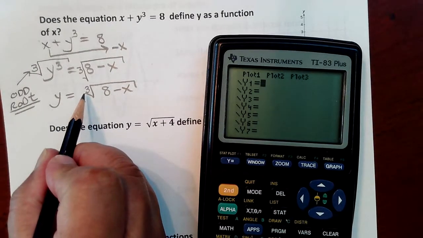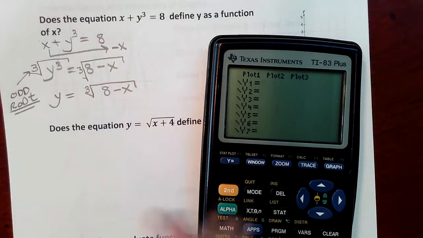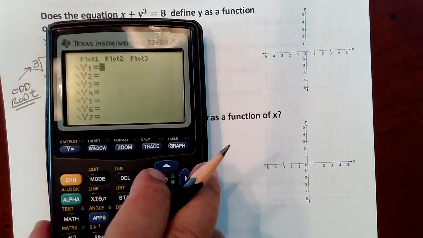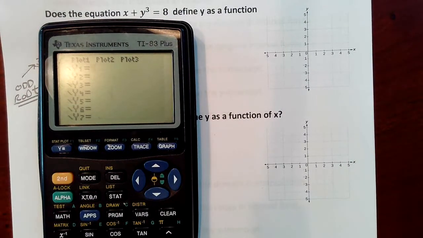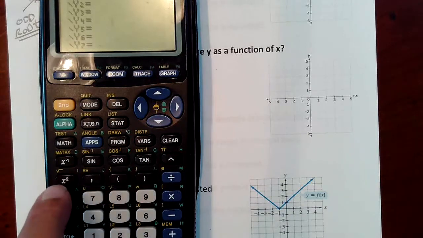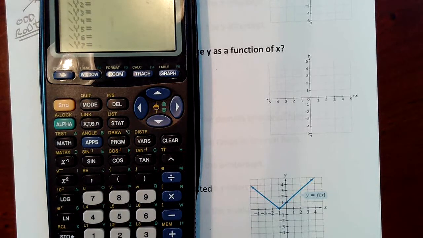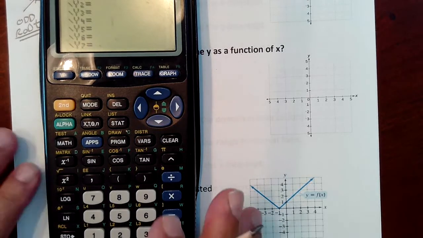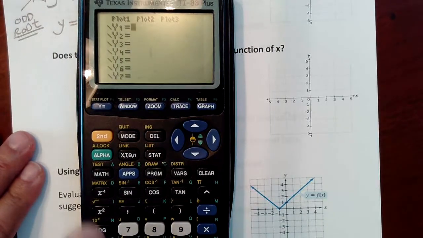That's called the index, that little number sitting on what looks like a check mark. But it does have pre-made roots up to cube root. It has square roots right on the key that's right here. In the first column, you see where the square root symbol is, second function. And there's also a cube root that's ready-made. You don't have to tell it what the index is. And you grab it by pressing math. Okay, so I'm going to hit the math key.